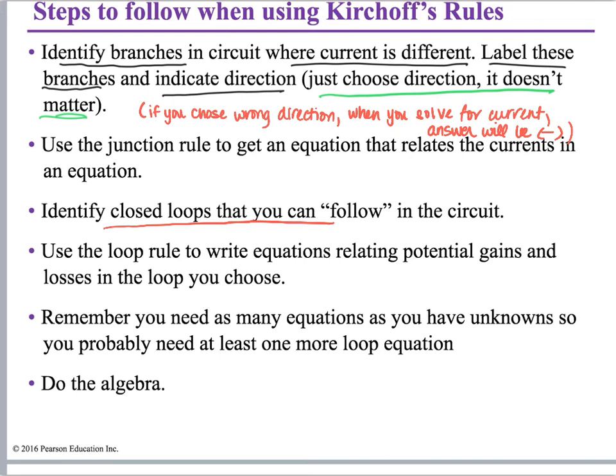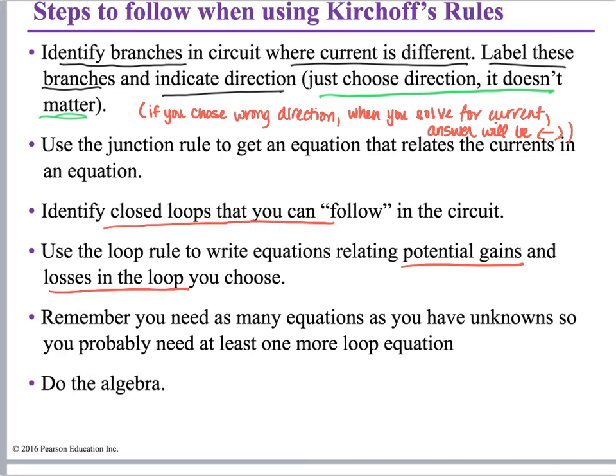Once you've chosen a loop, you're going to write an equation that talks about the potential gains and potential losses in the loop. So you'll have like plus the EMF of the battery minus current 1 times resistor 1 and so on, just using the rules that we just looked at in the last slide and writing expressions as we go around the loop.